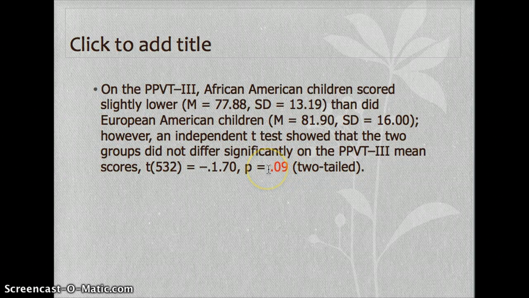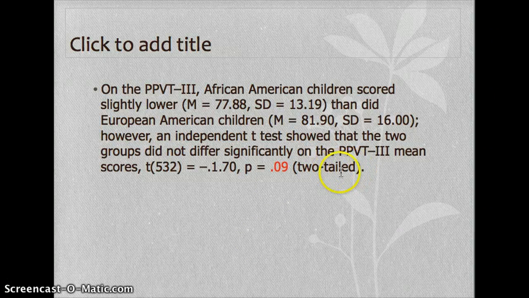So we have 9 chances in 100 that we're committing a type 1 error, and that's too high of a risk. So it's too high, 9 in 100 is too high of a risk. So we're going to accept the null hypothesis, and we're going to say there's no difference between these 2 groups.